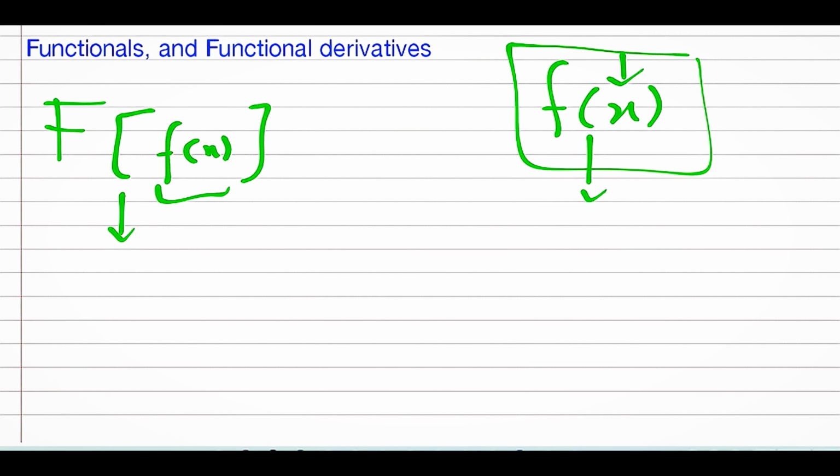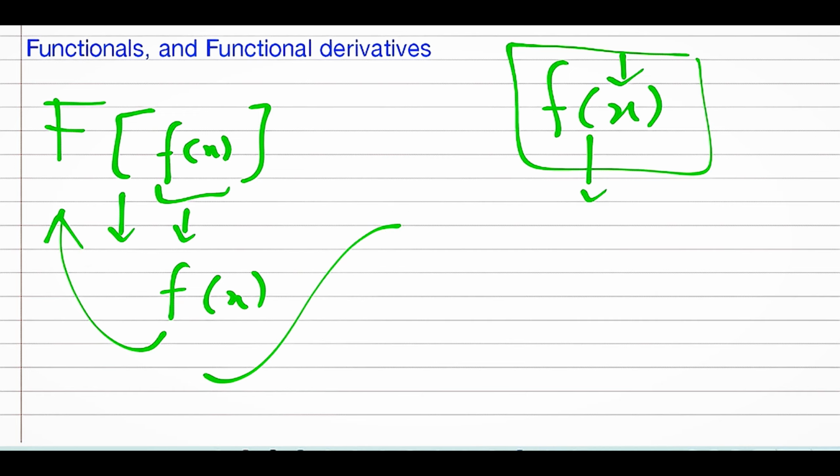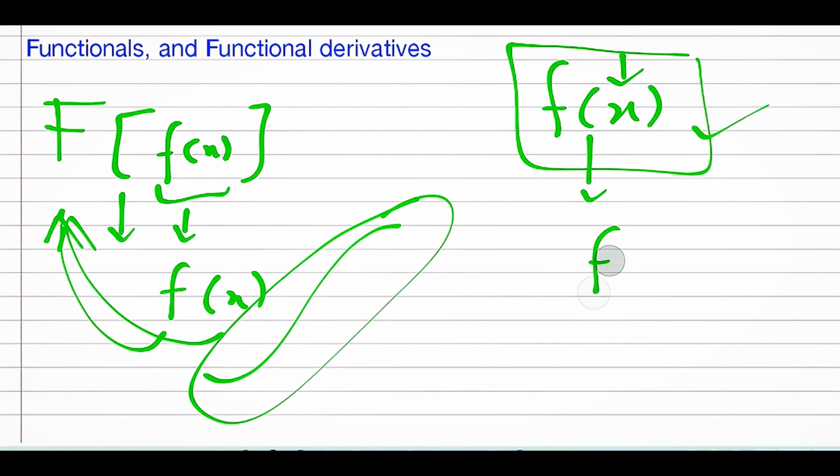So it takes a continuously valued function as its argument. Don't assume that this function f is defined at a single point x and it's taking that as an input. No, it's taking the whole curve, the complete curve as input. It's not taking a single value, in contrast to functions where, to find a particular y value, we put in a single x value and get a single value for y.